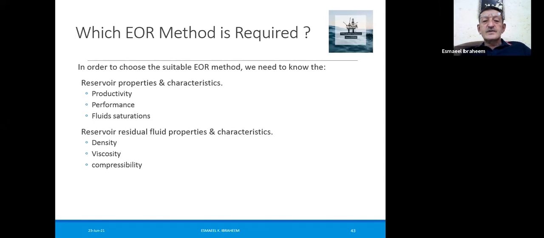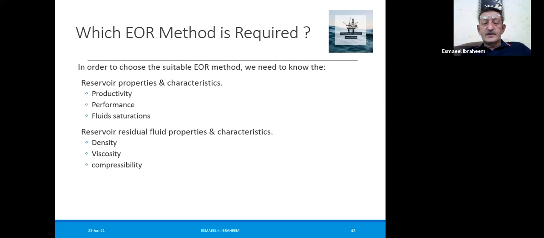In order to choose the suitable EOR method, we need to know the reservoir properties and characteristics, productivity of the reservoir, performance, and fluid saturation. Residual fluid properties and characteristics, like the density, viscosity, and compressibility.